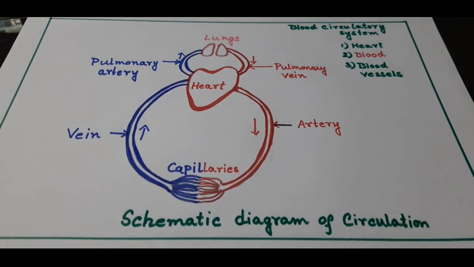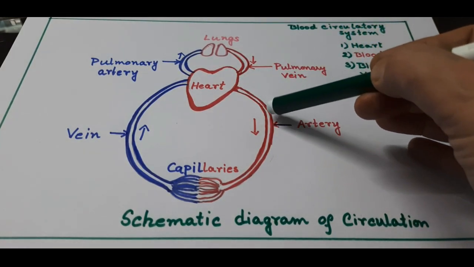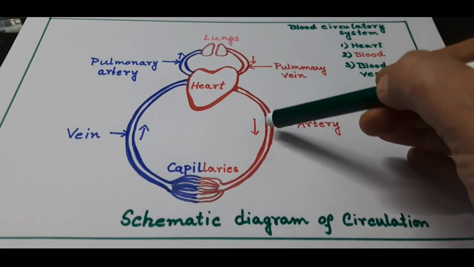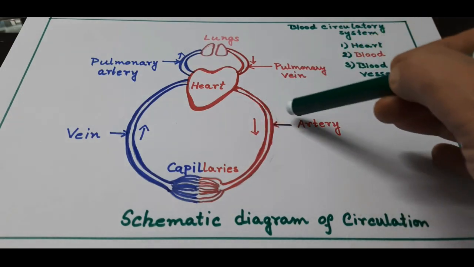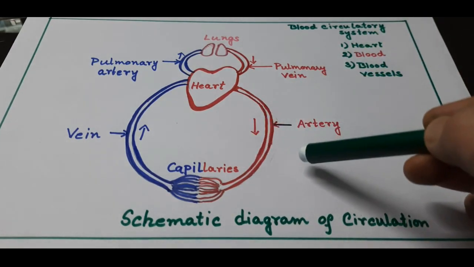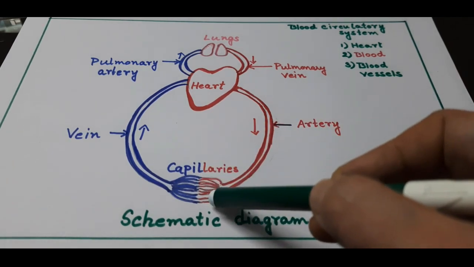Now let us see how circulation goes on in our body. From the heart, artery carries oxygenated blood. As the artery comes out of the heart, it gives branches. Branches give smaller branches. Likewise, when it comes to the cells, it breaks into capillaries.